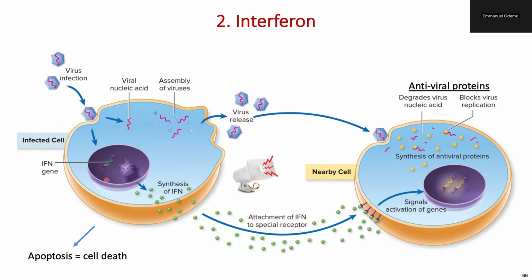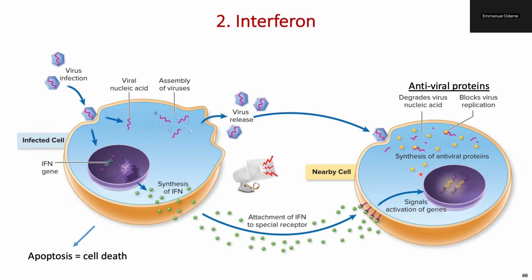Immediately, these cells have the interferon gene, which is transcribed to mRNA, and is converted into interferon proteins. Now the protein is being excreted out of the cell. And then basically the voice, the interferon, the message is being sent to the nearby cell like, hey, I'm being attacked.